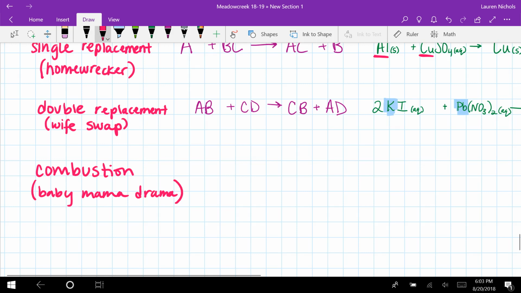Okay, a combustion reaction is always going to produce fire. They're the ones that go boom. And a baby mama drama, if you ever find yourself saying the phrase baby mama drama in real life with no jokes attached to it, you have drama and something's about to go boom in your face. It's just going to happen.